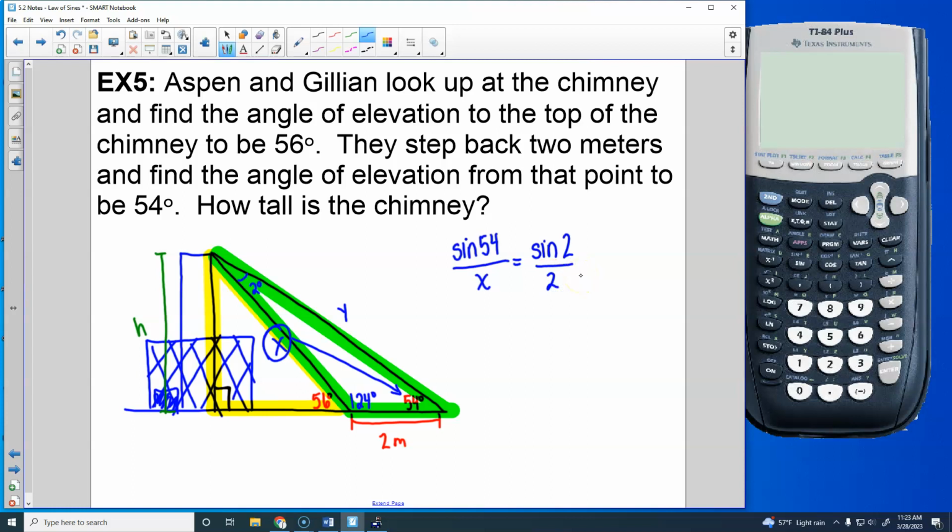Okay, is this angle side? Do we need to be worried about that? We do not. We have all the angles of that triangle. So when we have all the angles, you don't have to worry about angle side. So we're going to cross multiply. We will get X sine 2 equals 2 sine 54.